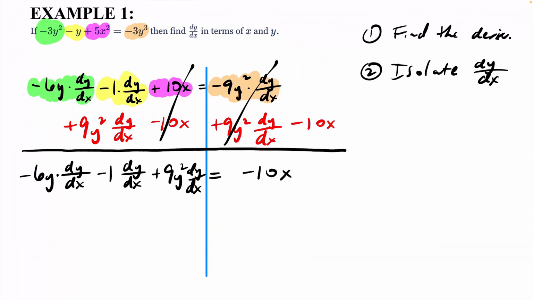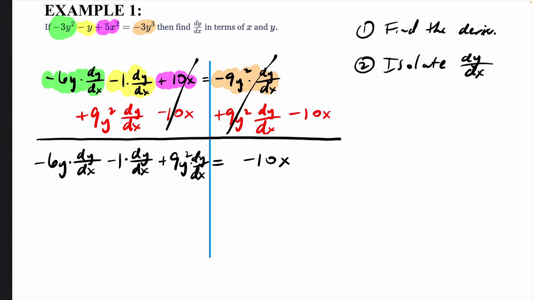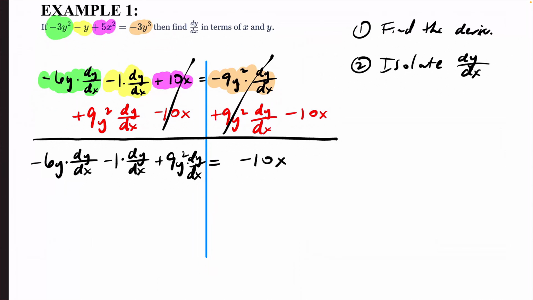Okay, this is all multiplication. They each have a dy over dx, right? Okay, so I can factor out a dy over dx. If all three terms have the same thing in common, right? They only have dy over dx in common. I can factor out a dy over dx.